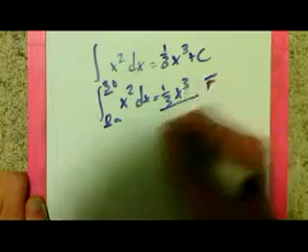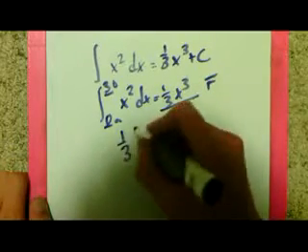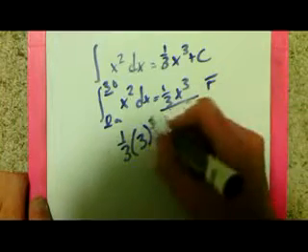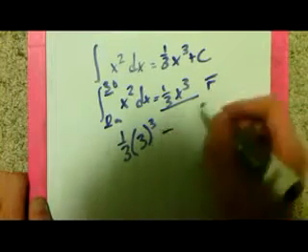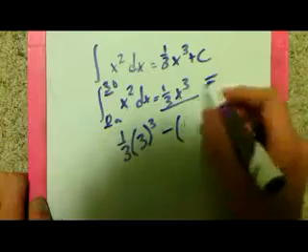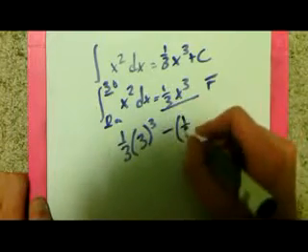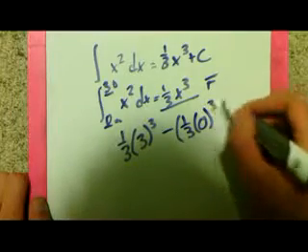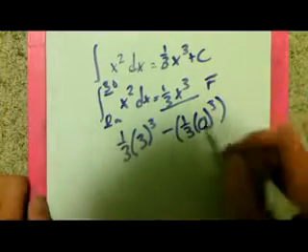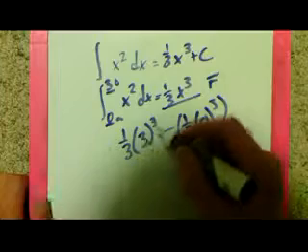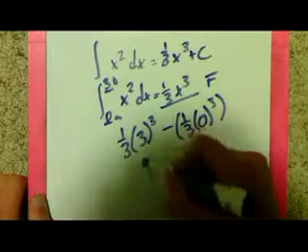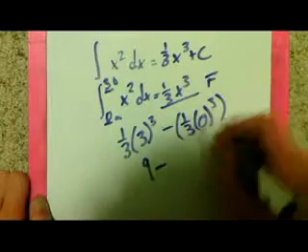So 1/3 times b, or 3, to the third, minus 1/3 times a to the third. We'll just add this up. 3 to the third is 27, divided by 3 is 9, minus 0 equals 9.